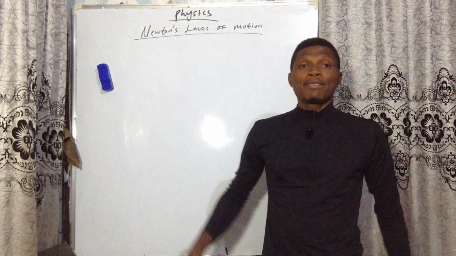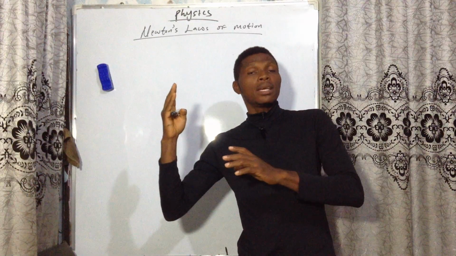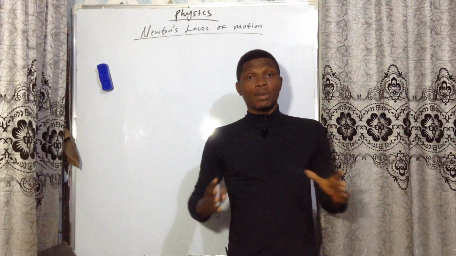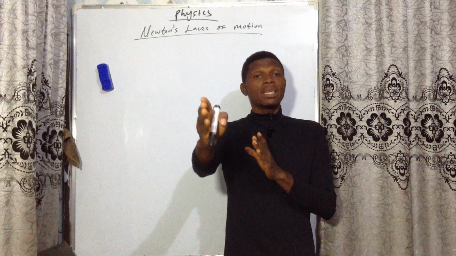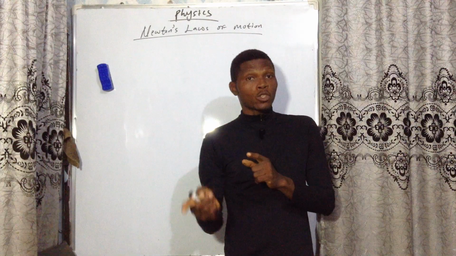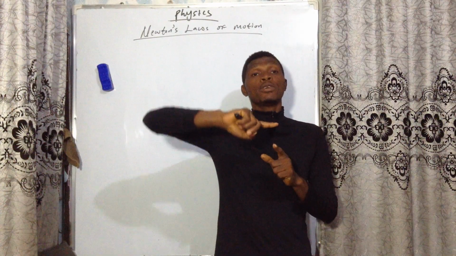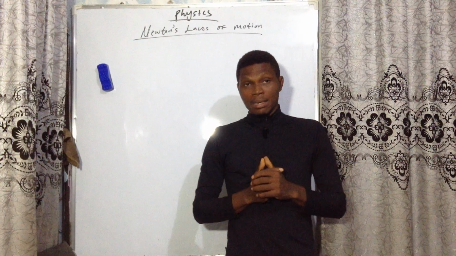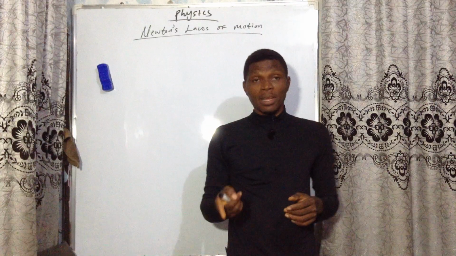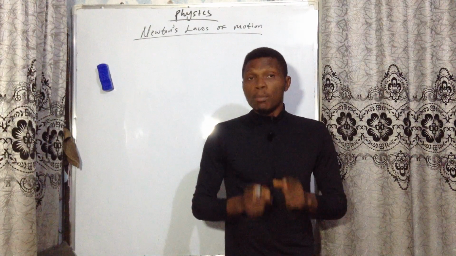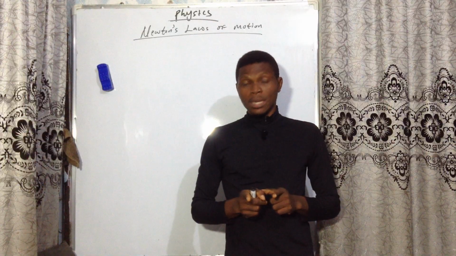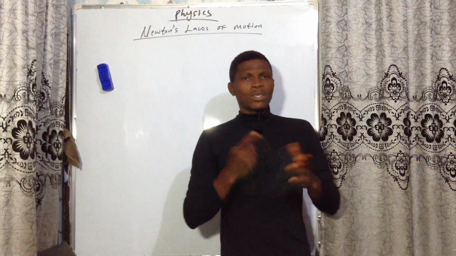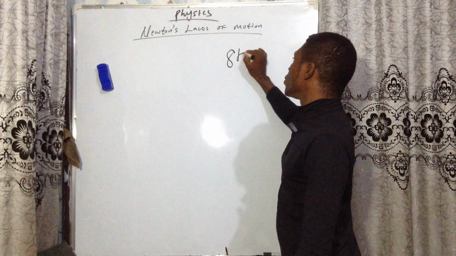Do you know that if I stand on the top of a mountain and fire a bullet at the right velocity such that the bullet moves in a circular path around the earth, that bullet will have a constant speed, but not constant velocity? Do you understand? The bullet will circle the earth forever. We are talking about a speed of about 8 kilometers per second.